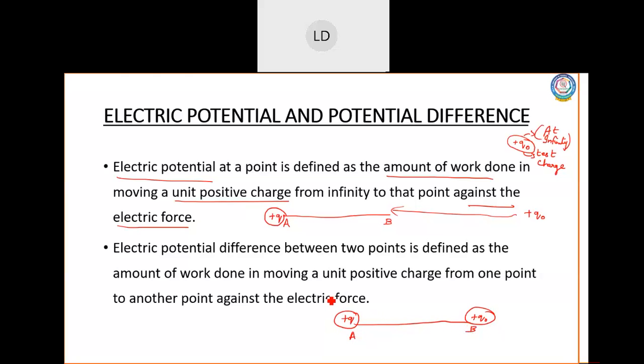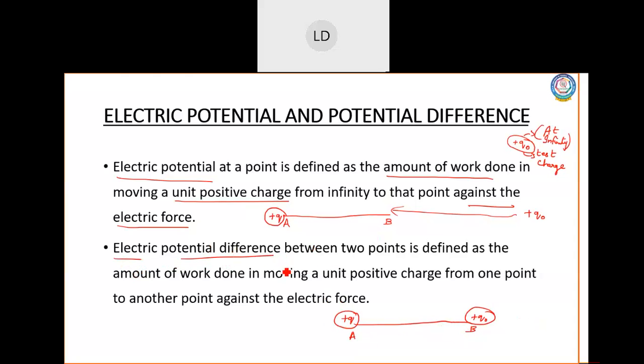Now whenever we talk about electric potential, it is the work done to bring a charge from infinity to that point. Whenever we talk about electric potential difference, we stick with two points.